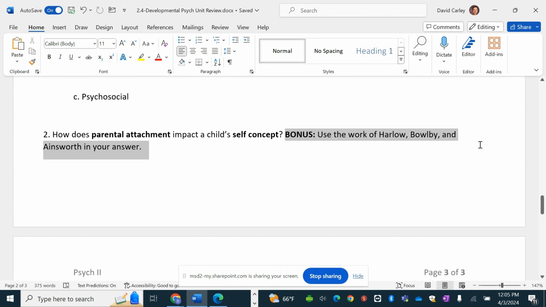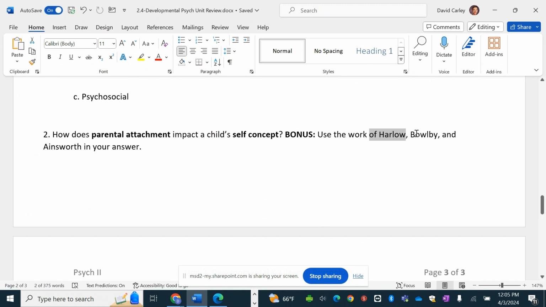One really important thing is to know these three experiments and what their thoughts were on this. Harlow did the monkey experiment, where they looked at whether a monkey gravitated more towards the fake mother that gave it survival, the milk, or the one that gave it comfort, the fabric monkey.